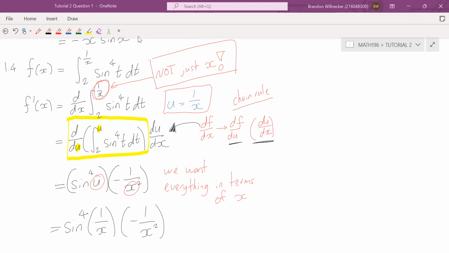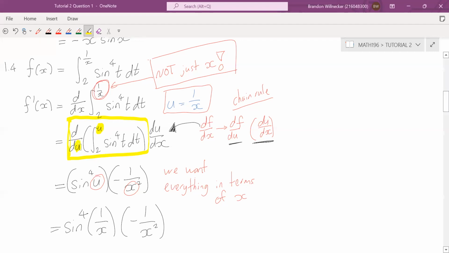Are there any questions about this substitution procedure? Yes, please repeat from the second to last step. Second to last, okay, sure. In this yellow box, we've got FTC part 1, because we've got d by du and the upper bound is u.